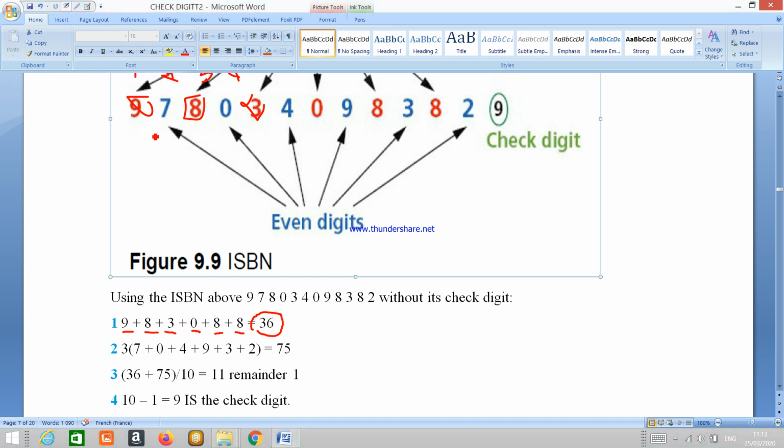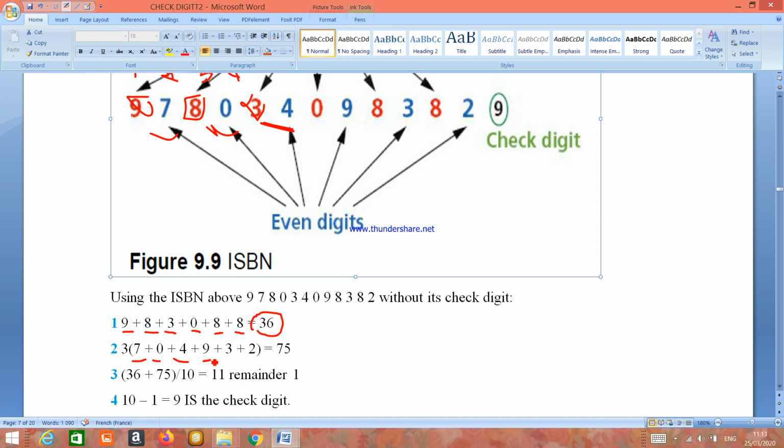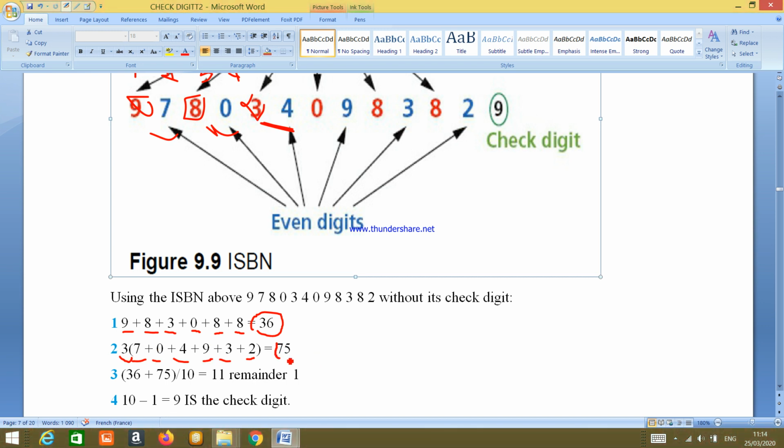And we take all the even position like 7, 0, 4, 9, 3, and 2. We sum them. But for even position, let's multiply them by 3. So you add them, then you multiply by 3, you get a total.